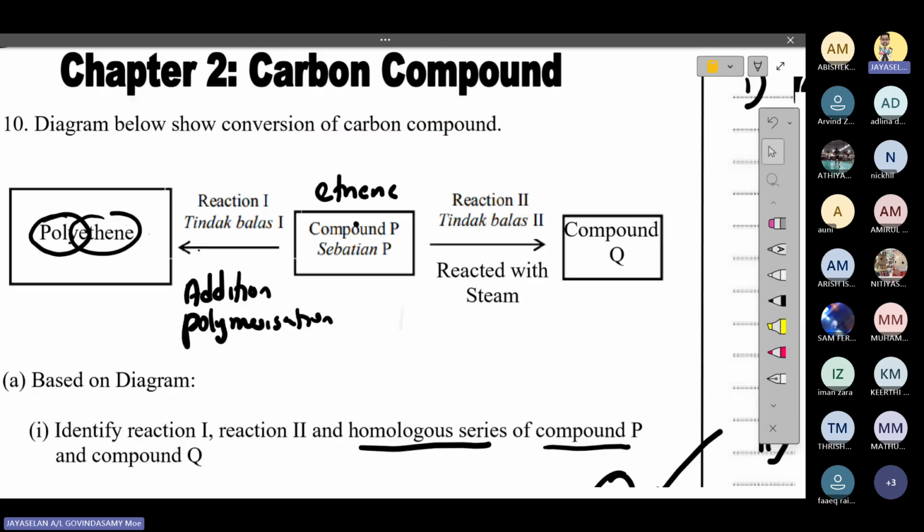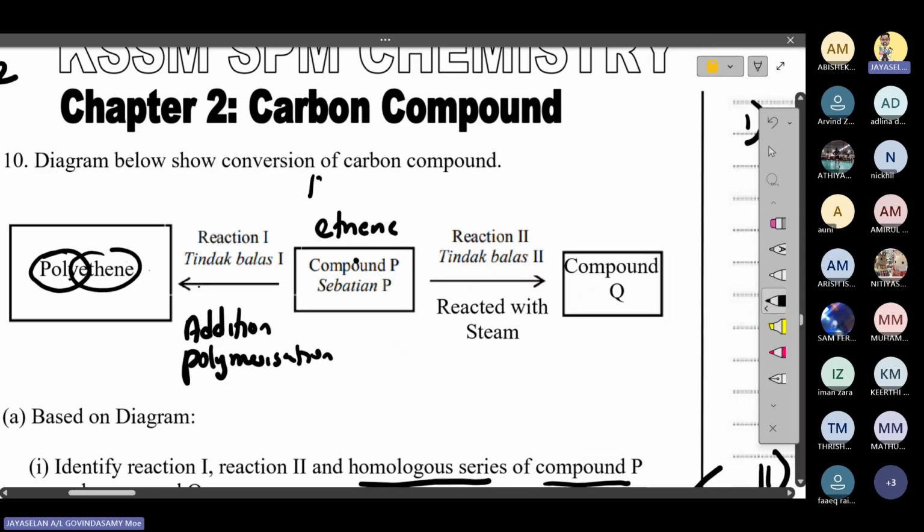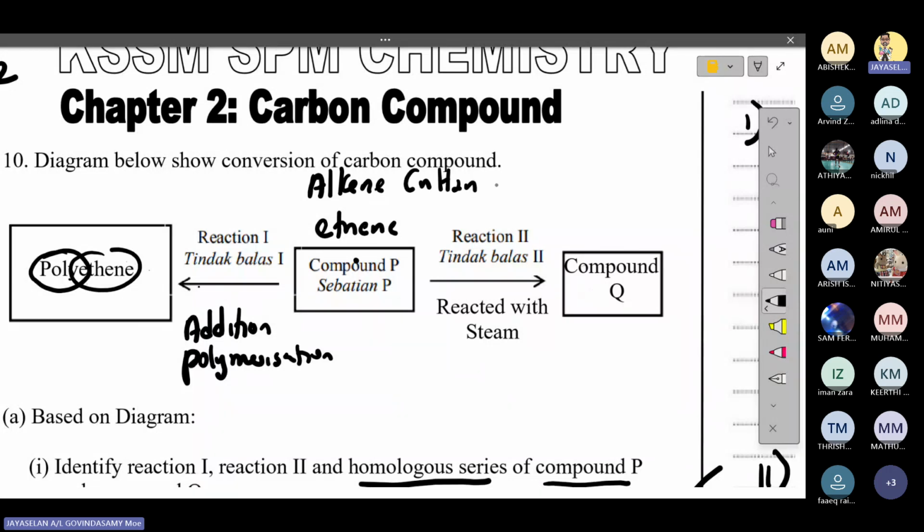After you put ethene, ethene belongs to what homologous series? Alkene. What is the general formula? CnH2n. What do I need to apply for n? Meth is n=1, eth is n=2, prop is n=3, but is n=4.